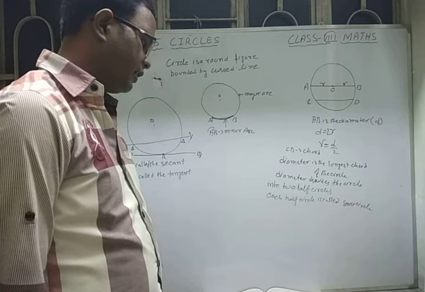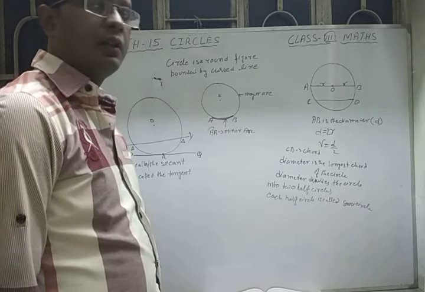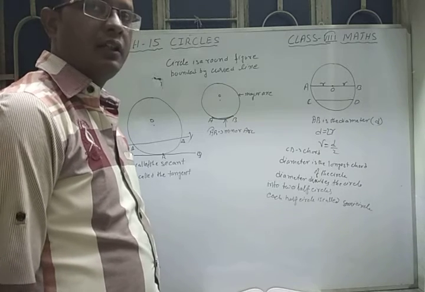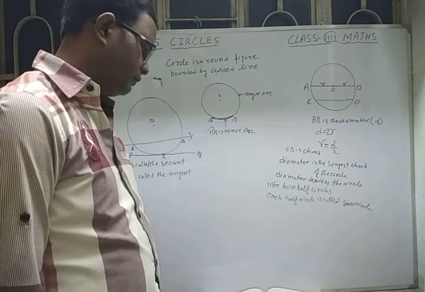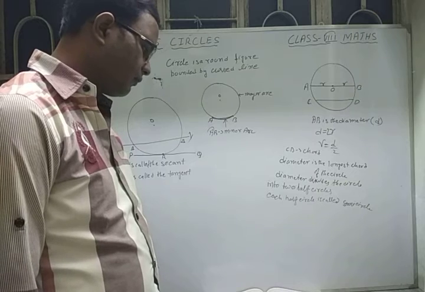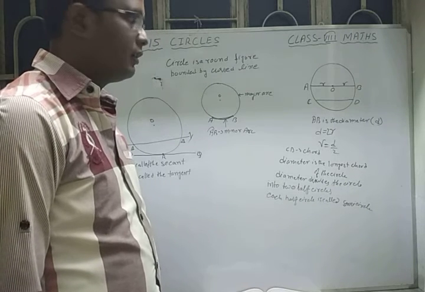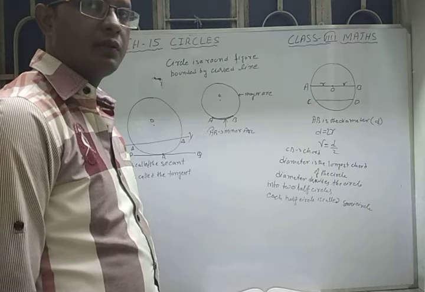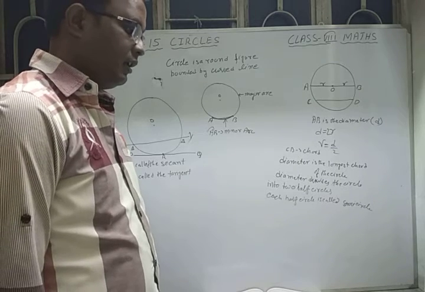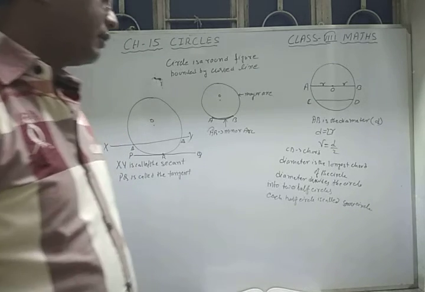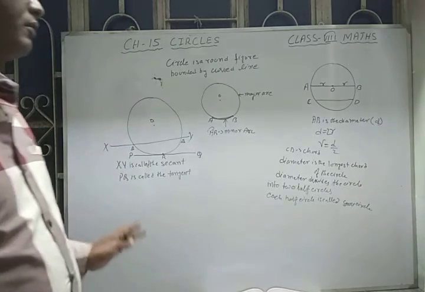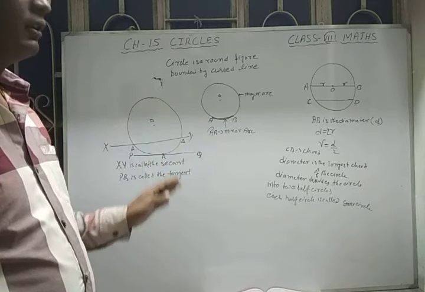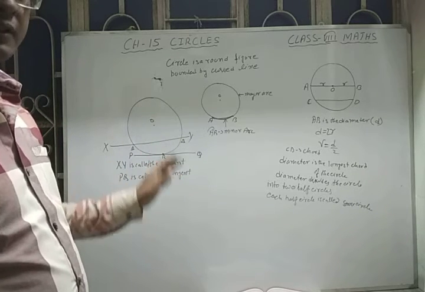These are all the basic things you should know regarding this chapter. If I miss anything, I will explain it when I do the exercises and solve the sums. I think this is enough now.